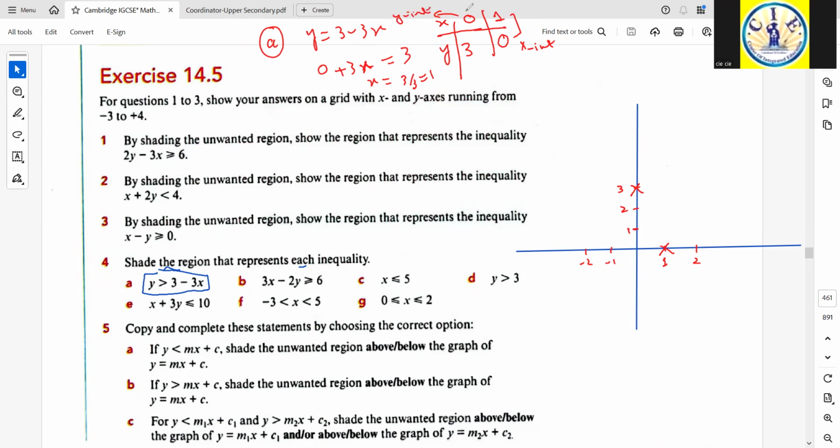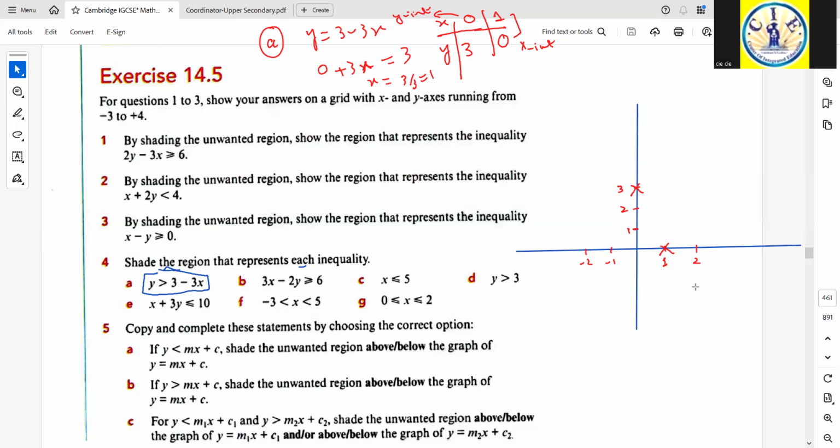Okay. Now I need to draw a line using these 2 points. These are the 2 points, so I need to draw the line through them. But since this is only an open inequality, the line would not be a solid line, rather it would be a broken line.